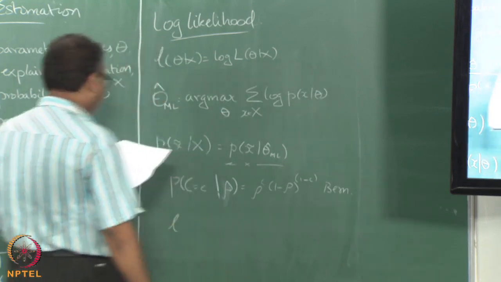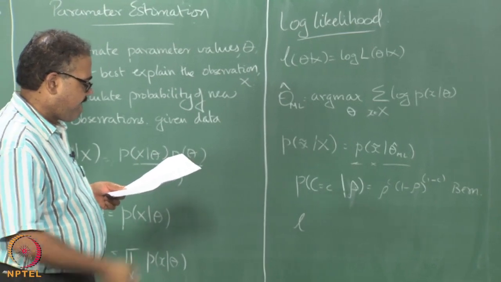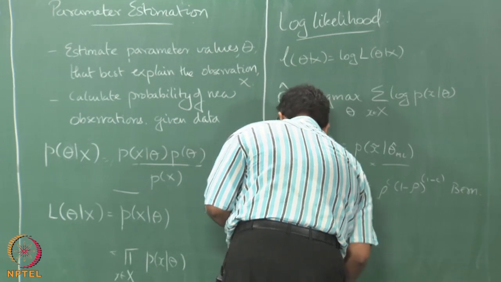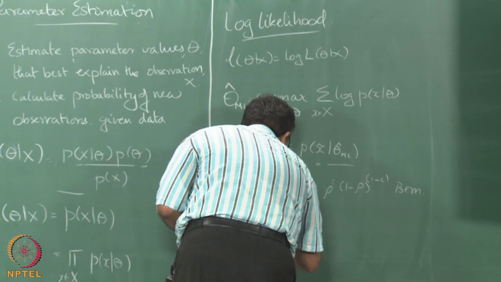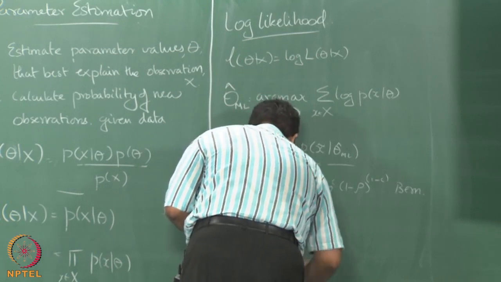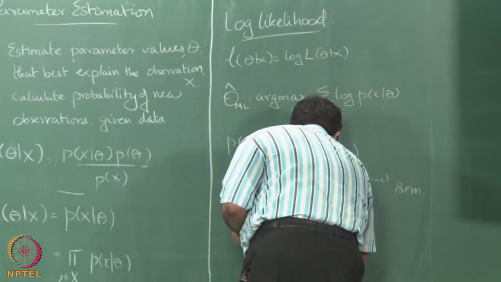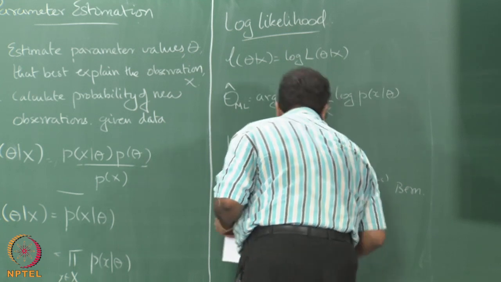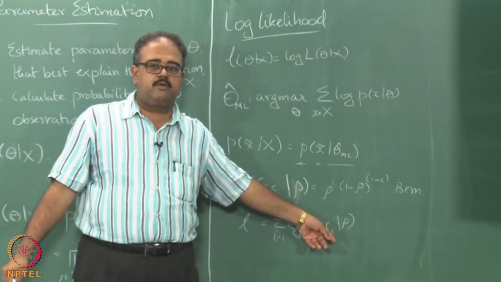So what is the likelihood going to look like? For each of the ith toss you would have one outcome lowercase ci.